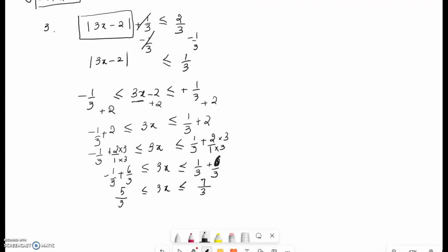Now divide throughout by 3. So we have 5 over 3 times 3. It's a positive number. Remember that if you're dividing, it has to be in the denominator in all the fractions. So you multiply the denominator by 3, which is the same as dividing the entire number by 3. So that's 3x over 3 is less than or equal to 7 over 3 times 3.